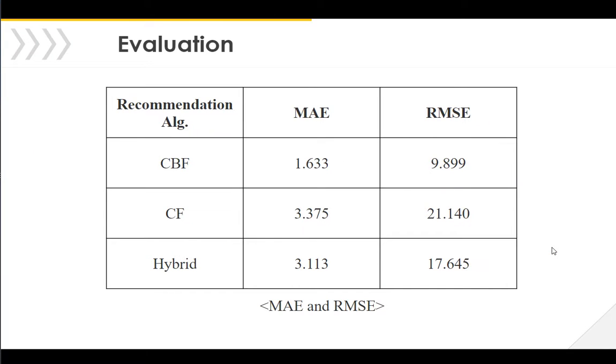And this is the result of it. And as you see, the CF has a higher error rate, and it is because we do not have enough user rating data for CF. And also hybrid, this is because we combine two filterings into one.